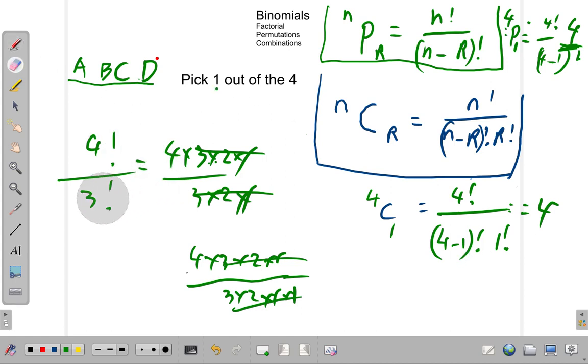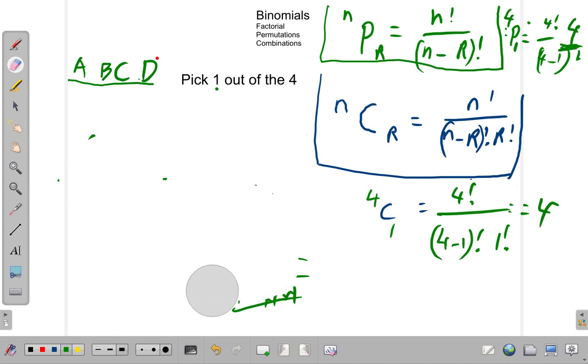Now, let's list them out one by one. Remember, what we did here was to say you have 4 available, so n would be 4. For permutation, you arrange them where the order matters, and you choose r from the 4. So it's nPr, which is 4P1, which is 4 factorial divided by 4 minus 1 factorial. The number available divided by the number available minus the number you choose, that factorial, and we get 4.